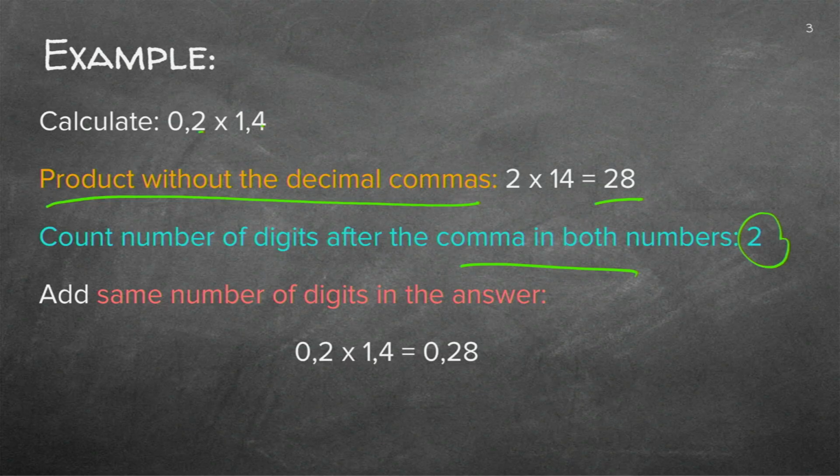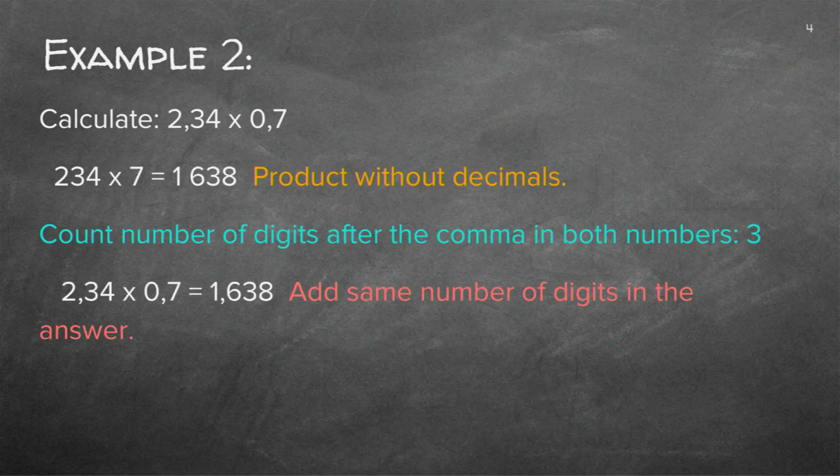And now we're going to add the same number of digits in the answer. So if our answer is 28, we have to then add the comma. We're going to count 1, 2. So 0,2 times 1,4 is 0,28. It's easy as that.